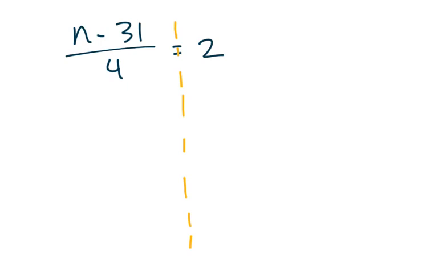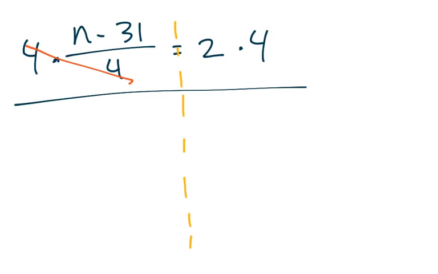We're going to undo the division first. Okay, so the opposite or inverse of dividing by 4 is multiplying by 4. So we're going to multiply by 4 on both sides. And then that becomes 1. So anything divided by 1 is just itself. So we get, big line, we get n minus 31.